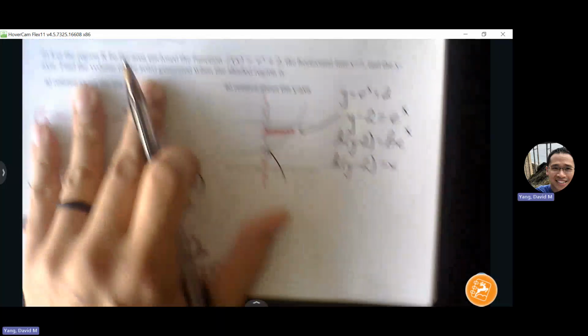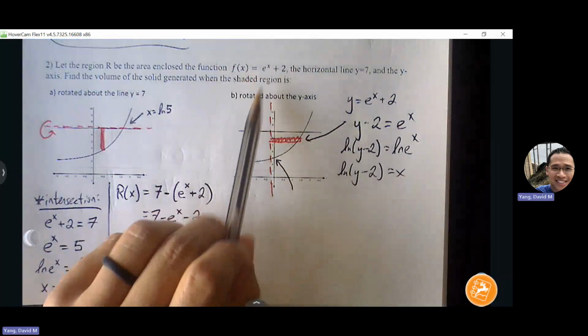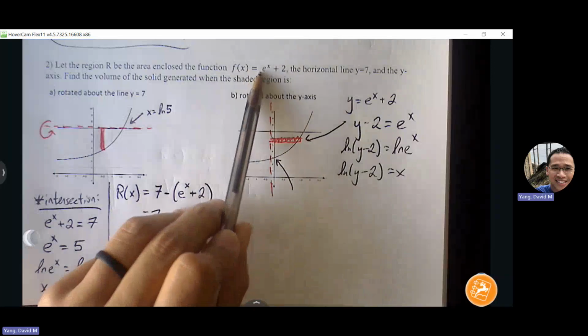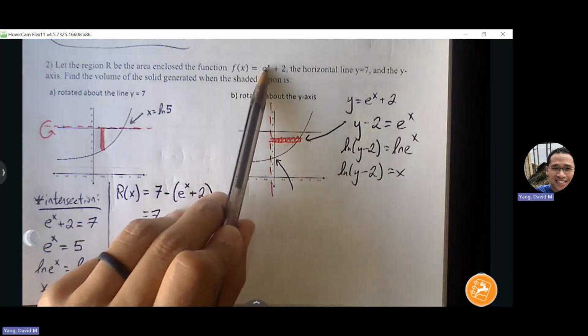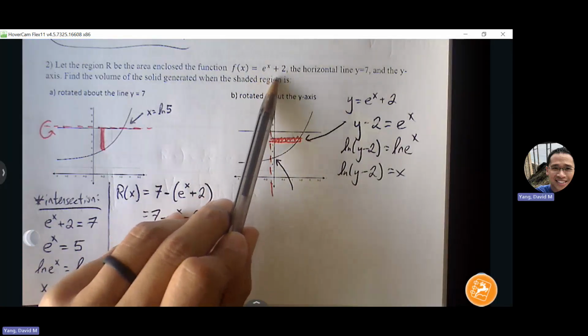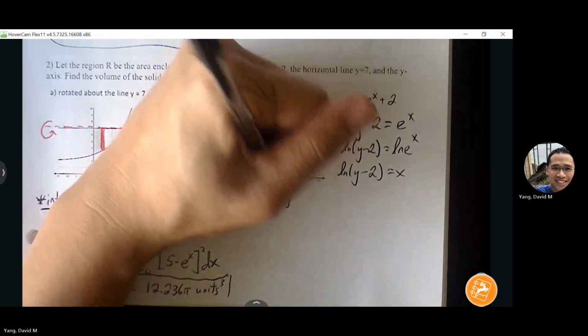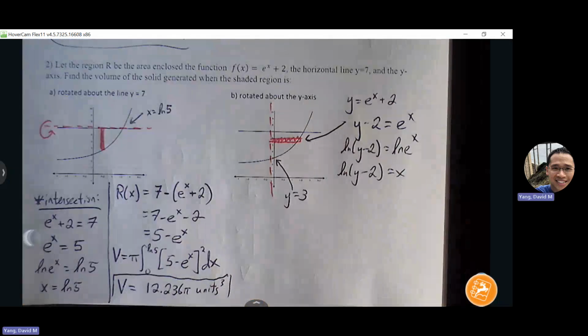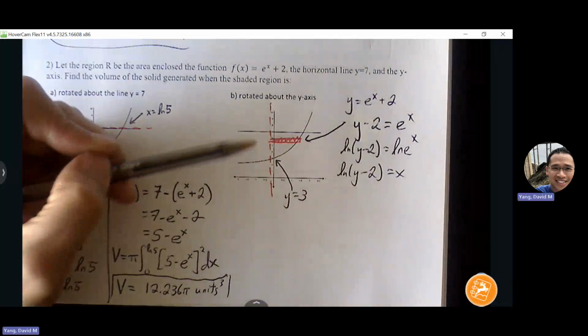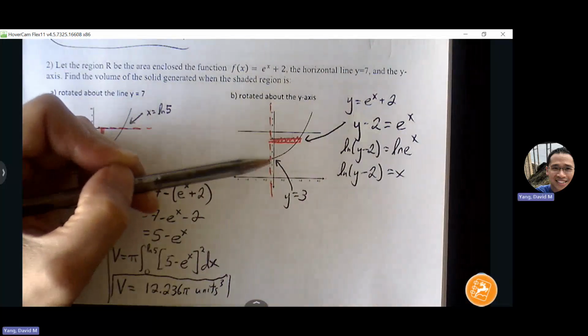Here, I think we look at the graph and say, well, I know that this is the y-intercept of this curve. So if I replace the x with 0, I get 1 plus 2, which is 3. That's my lower bound. My upper bound is 7, right? I'm going from 3 to 7.